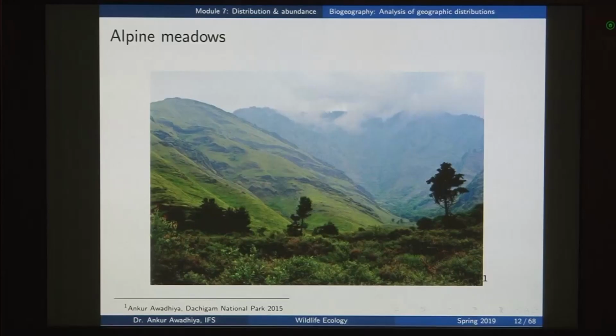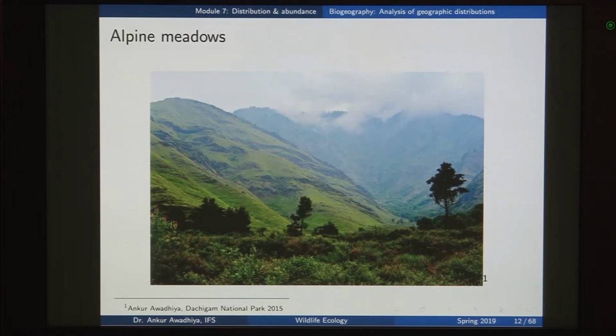Now, in the case of these alpine meadows, not only do they have a cold climate, but at the same time they also have a very high wind speed. At the same time we can talk about the soil characteristics in these areas. Typically the soils here will not be very fertile. Why?